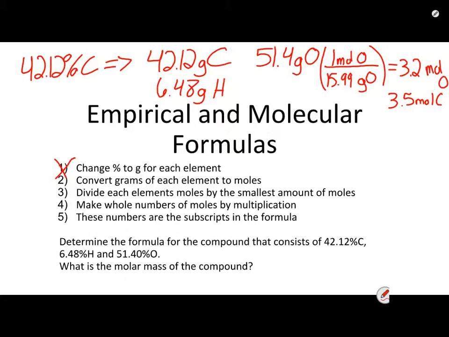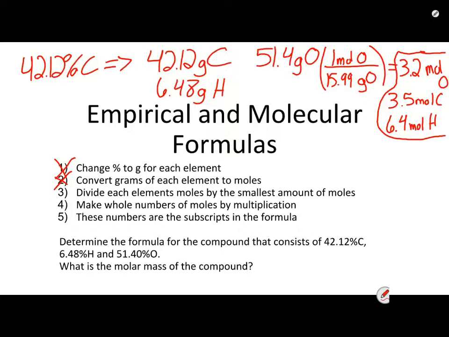So 6.48 grams of hydrogen divided by the molar mass of hydrogen, which is 1.01, and I have 6.4 moles of hydrogen. So now we just finished step 2. We've got our moles of hydrogen, our moles of carbon, our moles of oxygen. So step 2 is happy.